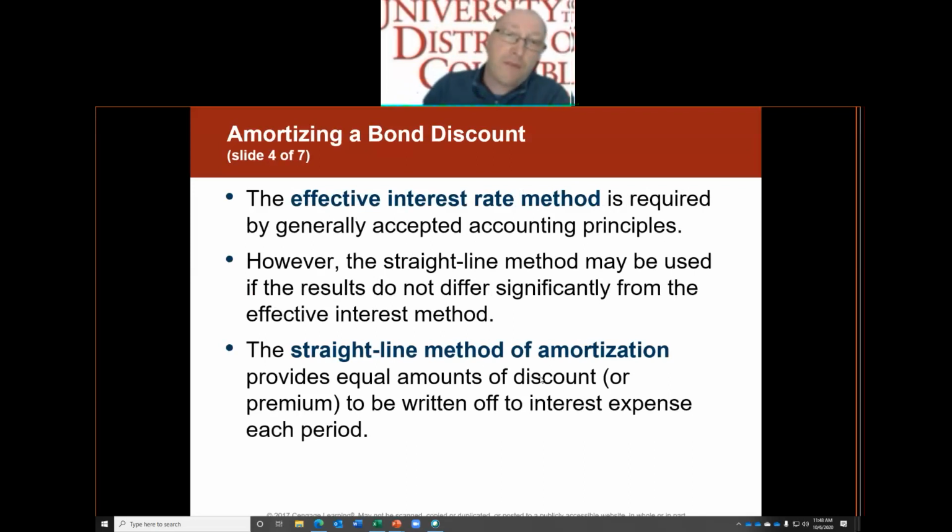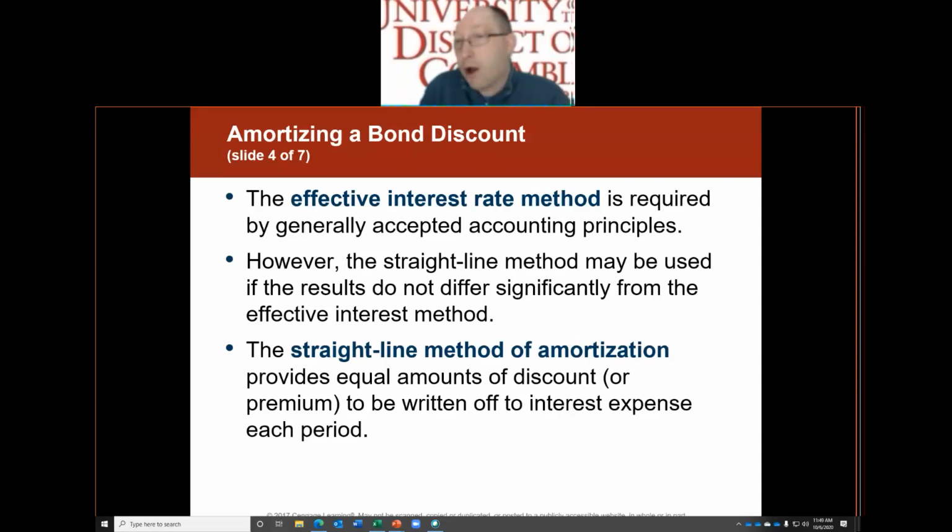The effective interest rate method is required by generally accepted accounting principles. However, the straight line method may also be used so long as the results do not differ significantly from the effective interest rate. When we utilize the straight line method for amortization, we provide equal amounts of the discount or the premium to be written off to interest expense in each period.